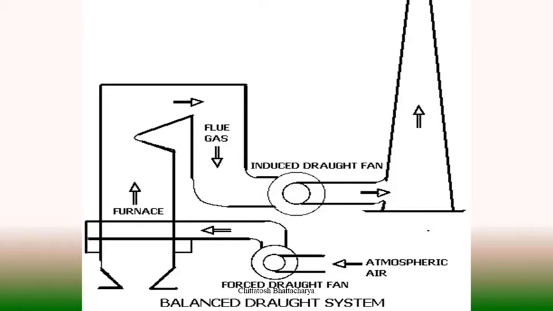This balance is essential depending upon the requirement of draft at the inlet condition, which is maximum positive, and at the outlet condition where it has to be maximum negative. So as a result, the entire velocity of combustion process and product of combustion are balanced. So the combination of FD and ID system creates the balanced draft system.